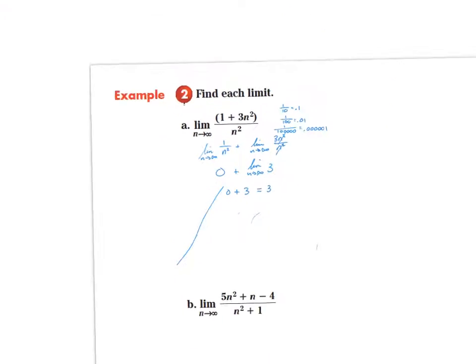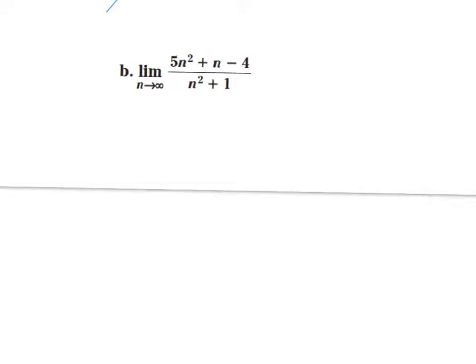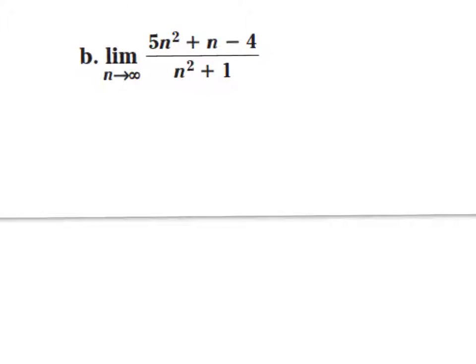We'll try another one. So if I have something like this, the easiest way to do something like this is to simplify it first by dividing the terms by the highest power. So for each one of these, what is our exponent with the highest power? n squared.